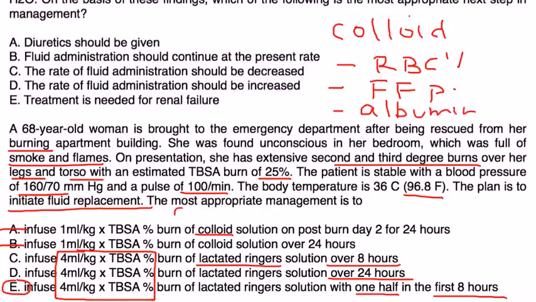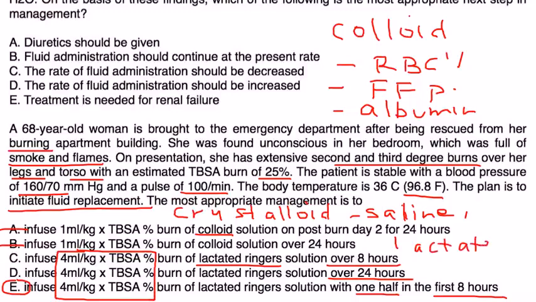And then the other type is known as crystalloid. And crystalloid solutions include the saline that you commonly see given to patients, and the ones that are involved a lot in burns, which are lactated Ringer's solutions. So that's the difference between colloid and crystalloid solutions.